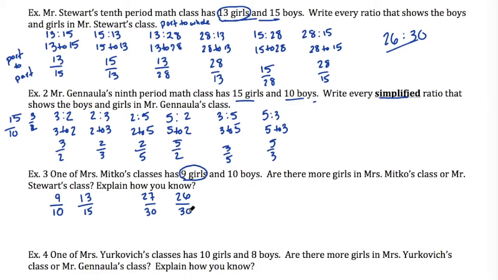So this now shows us that if there was 30 boys in both rooms, the girls in Mrs. Mitko's class would be equivalent to 27, versus in Mr. Stewart's class it would be only equivalent to 26.